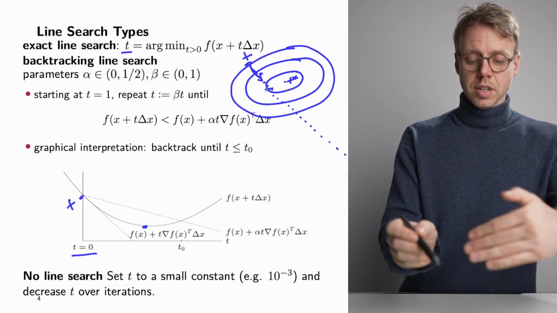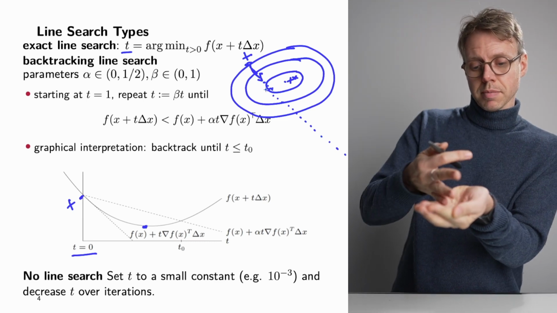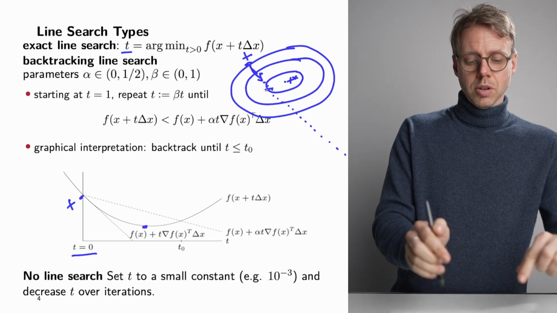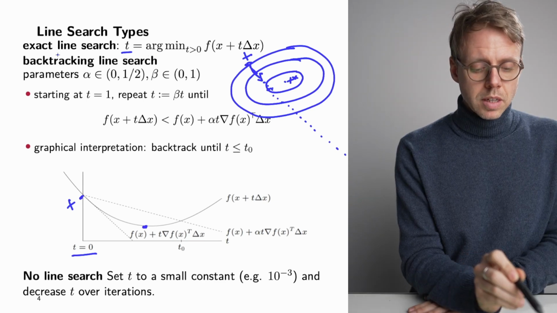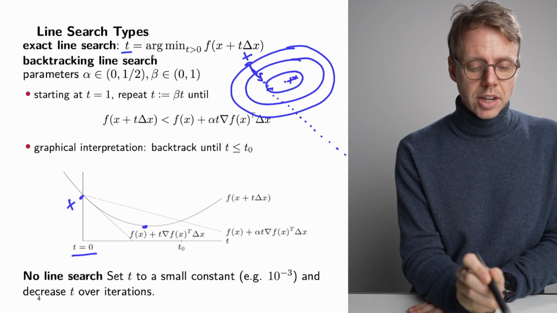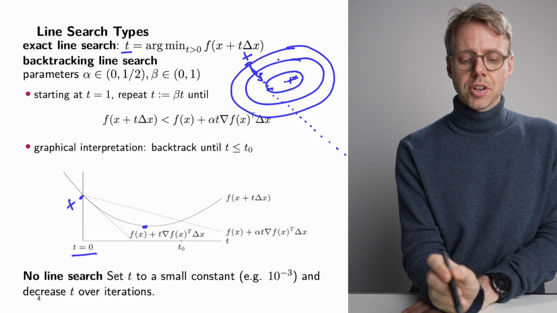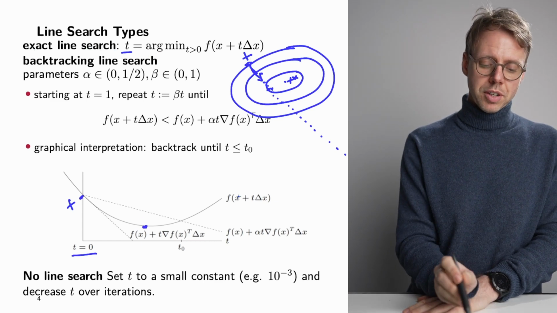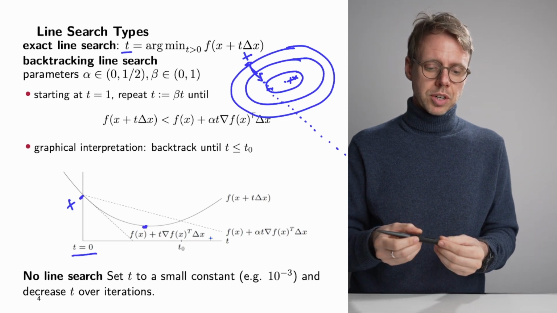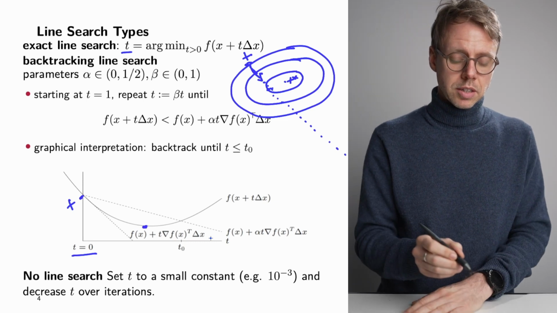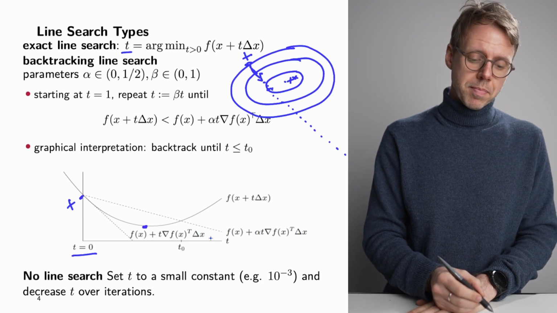So you can imagine cutting here, and basically before you had a bowl, you're cutting the bowl, you only see the contour of the bowl. Some line search types would actually perform an exact minimization of this one-dimensional function. So sometimes that is a good thing to do and cheap to do. You can do that using a simple one-dimensional optimization algorithm.